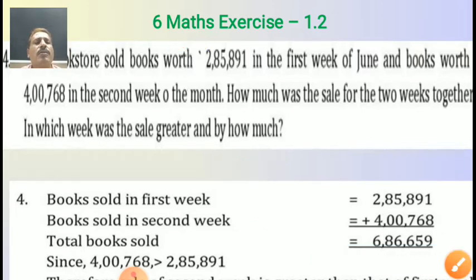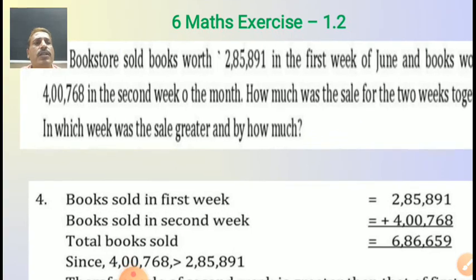Okay, now look here. This much amount in the first week of June, and books worth this much were sold in the second week of June. How much was the sale for the 2 weeks together?